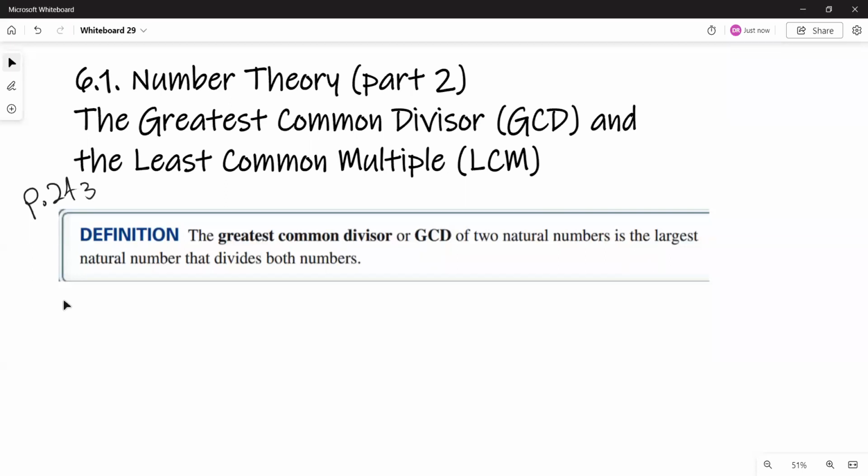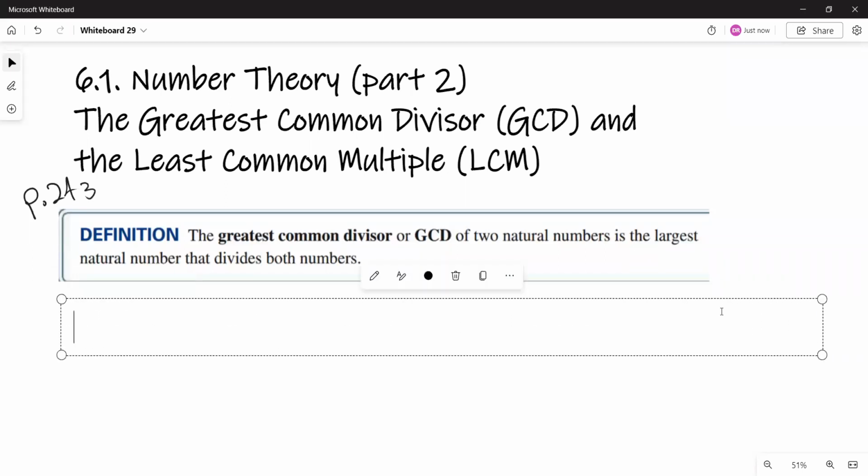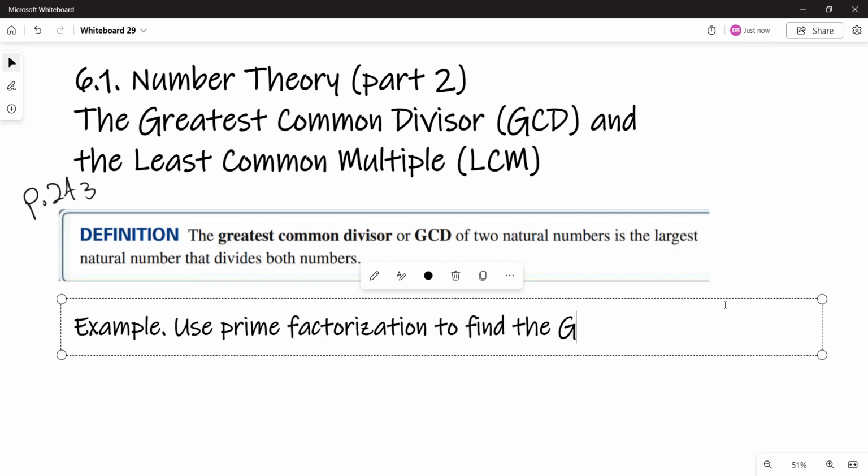We are going to use prime factorization to find the greatest common divisor of 720 and 640.